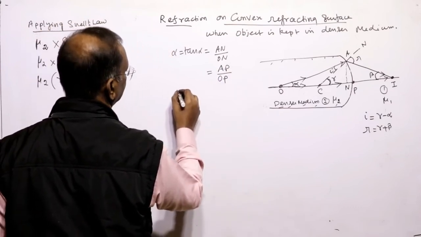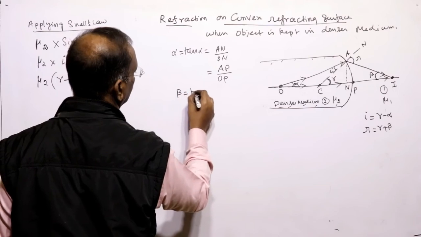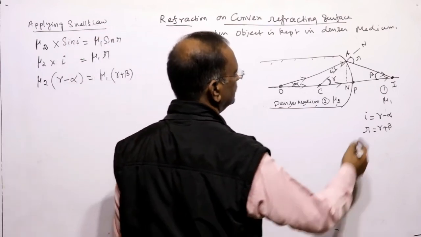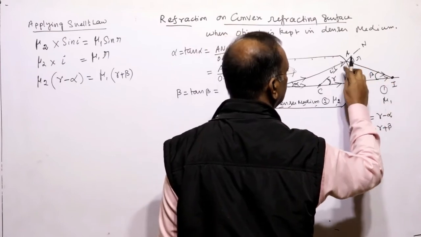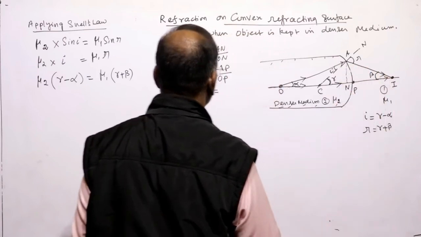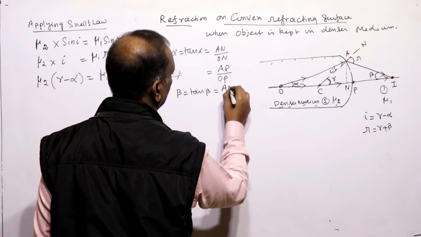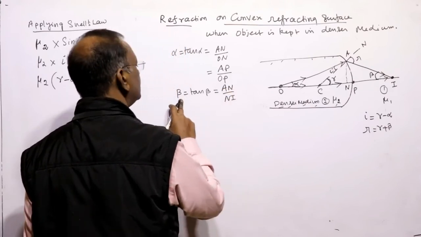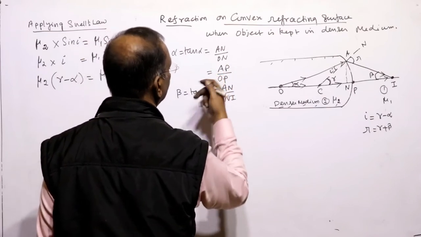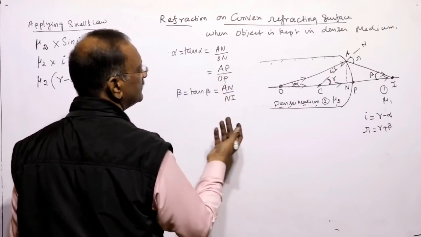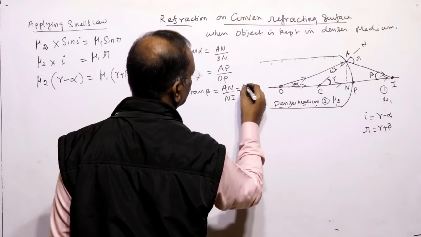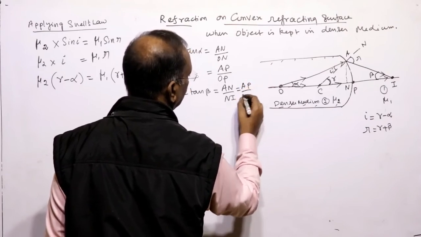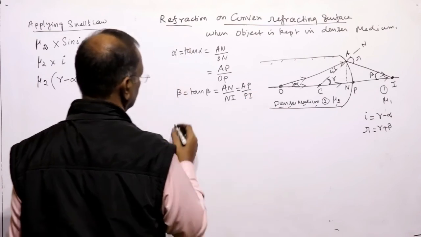So tan beta. What is beta? Beta is in this triangle, so this divided by this is AN divided by NI. Always remember, beta means image, alpha means object, and gamma means center of curvature. AP by PI.